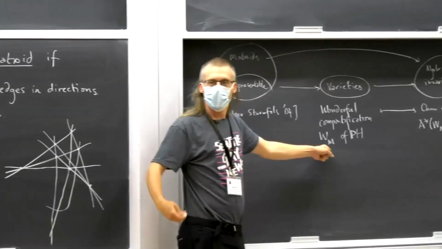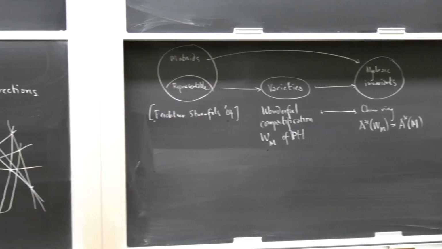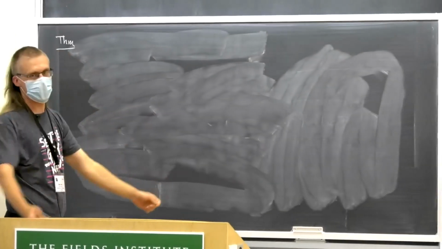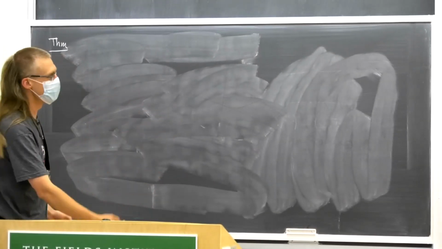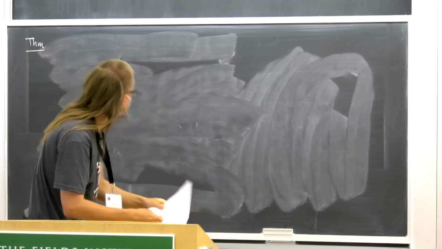If my field was C, then this is a complex projective variety, so its Chow ring has all sorts of nice properties. It has Poincaré duality, it has hard Lefschetz, it has Hodge-Riemann relations. For any matroid, the Chow ring still has all of that stuff.